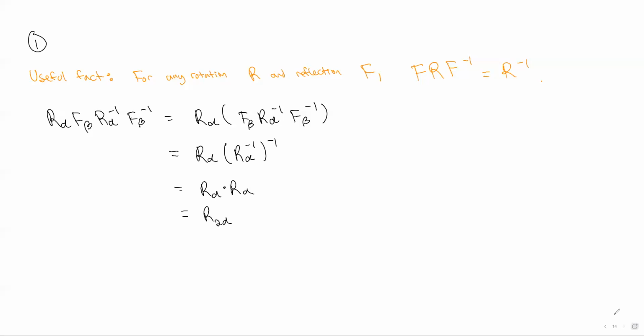Okay, so that covers case one. Case two, F beta, R alpha, F beta inverse, R alpha inverse. This is just the inverse of case one.